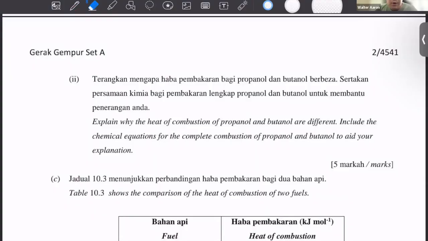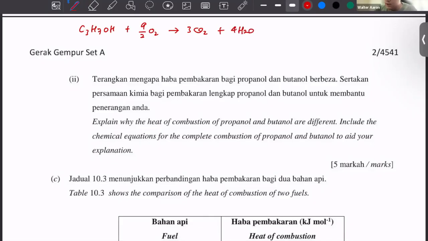For propanol's combustion, it should be C3H7OH plus 9/2 O2 to get you 3CO2 plus 4H2O.